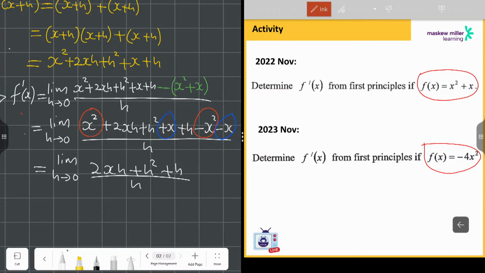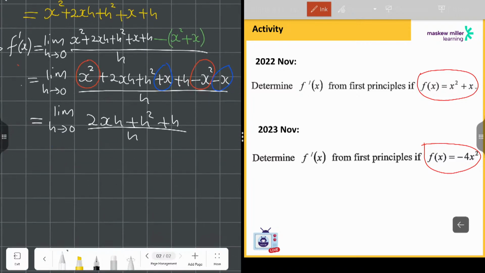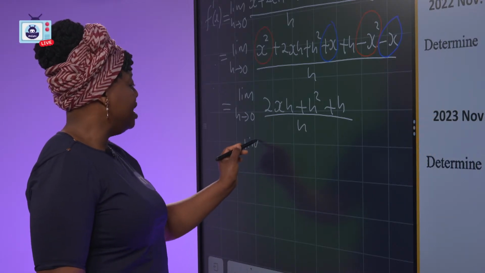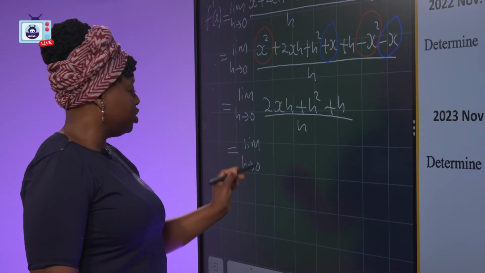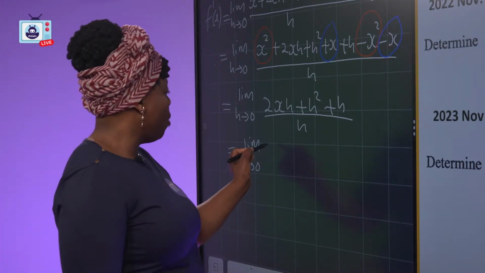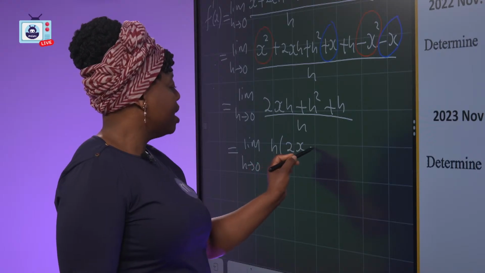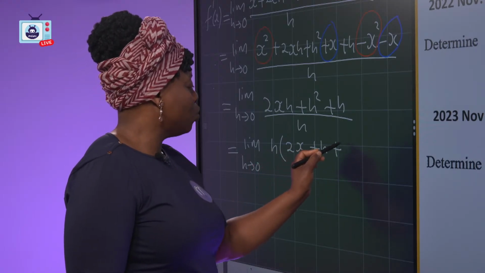All right. Now, when you reach this point, is where you must be able to see some common factors that you have to take out. So we're going to have the limit as h approaches 0. Then we take out the common factor, which is h. Then we remain with 2x plus h plus 1.